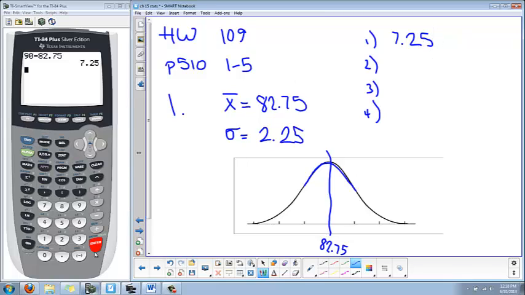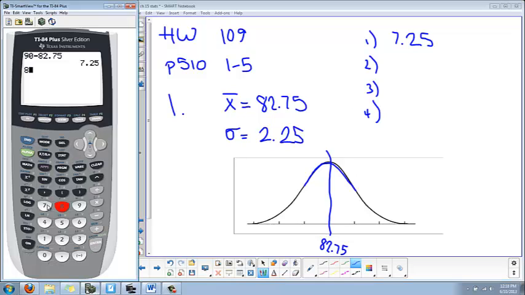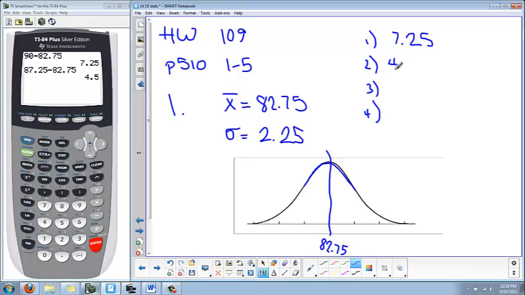Option number 2, 87.25. 87.25 minus 82.75 has a distance of 4.5 from the mean.